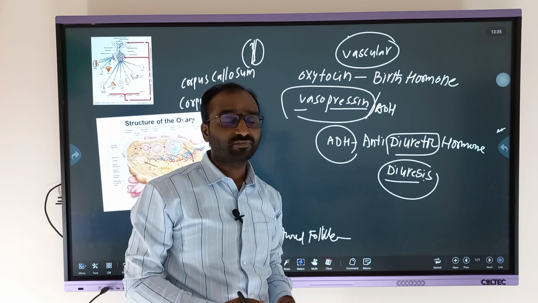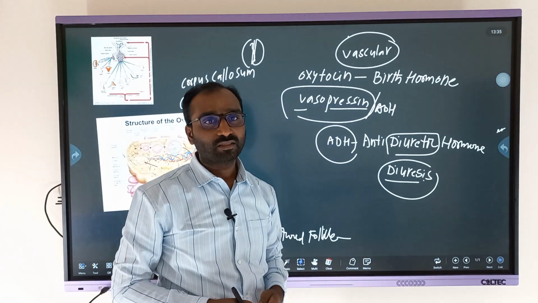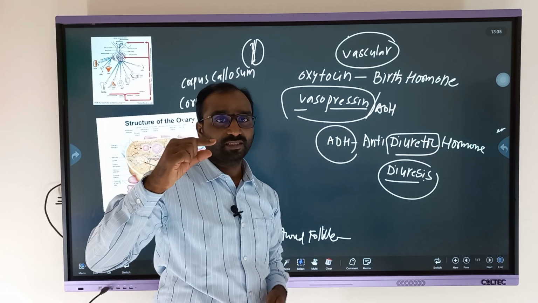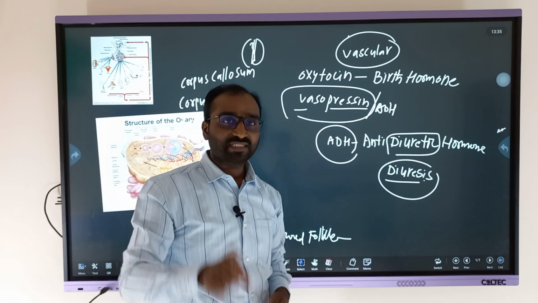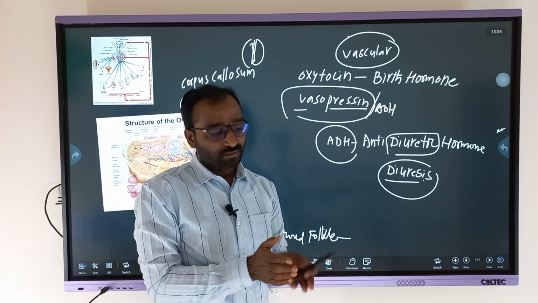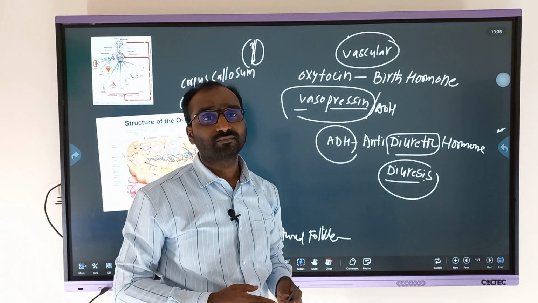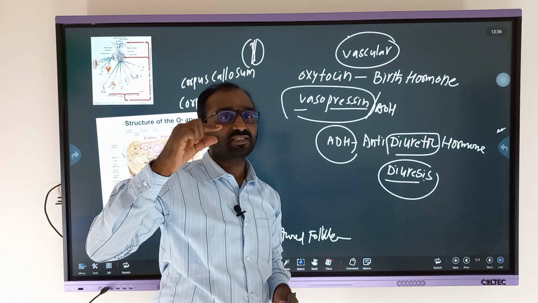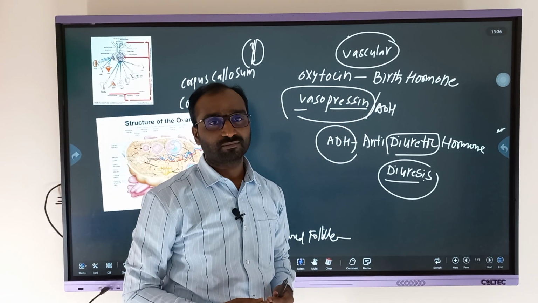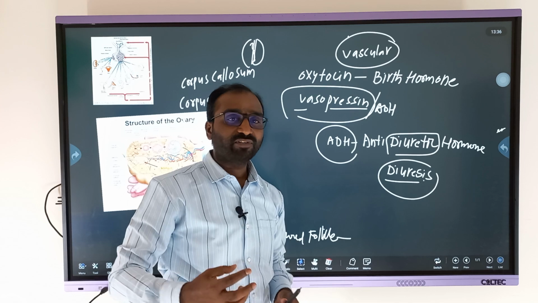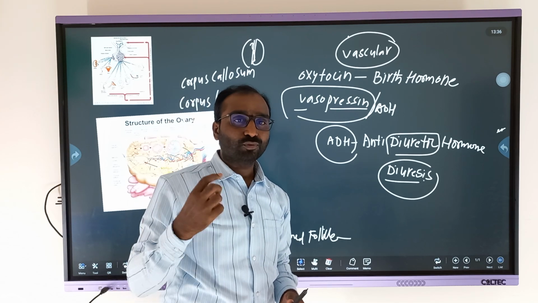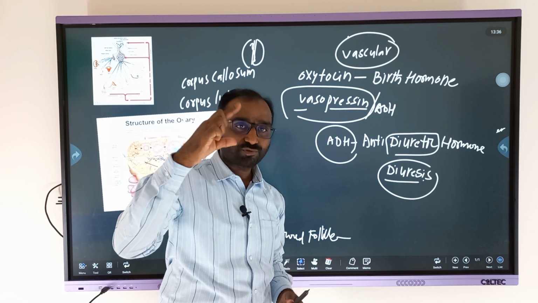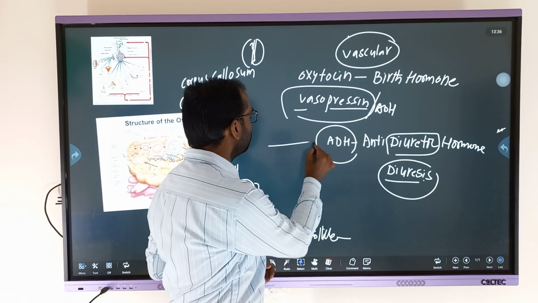Such kinds of terms are there. The blood vessel is going to be constricted. Am I clear? Contraction, constriction, then construction, so there is a small variation. Whenever the blood vessel is constricted, the pressure will be increased. Whenever the renal flow has decreased, that is corrected by the constriction of the blood vessel.